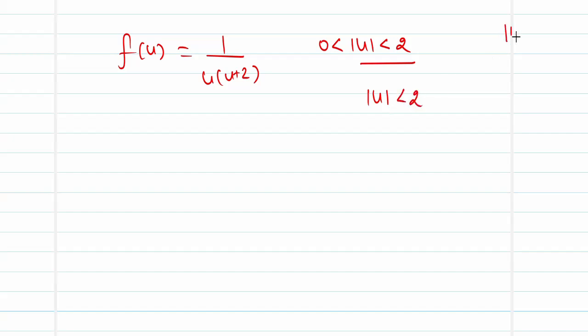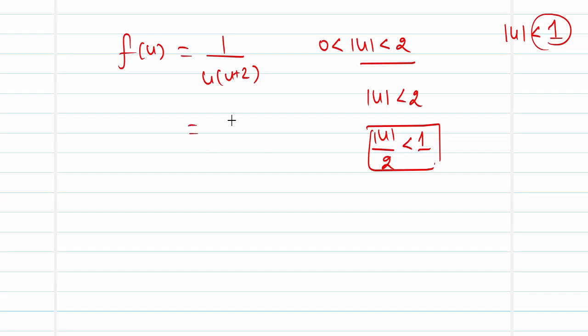Now I have modulus of u less than 2. We know that the series is valid only for modulus less than 1. So divide by 2 to make it less than 1 so that the series converges. Hence you have to pull out the 2 so that the second factor becomes 1 plus u divided by 2.